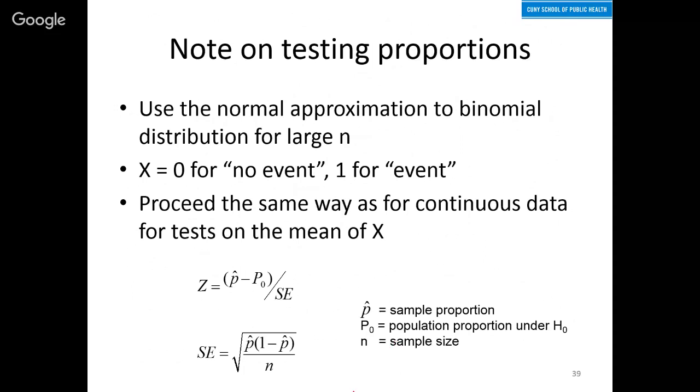And then under the normal approximation to the binomial distribution, your standard error is given by this equation, and you can proceed in the same way as for continuous variables and for means.